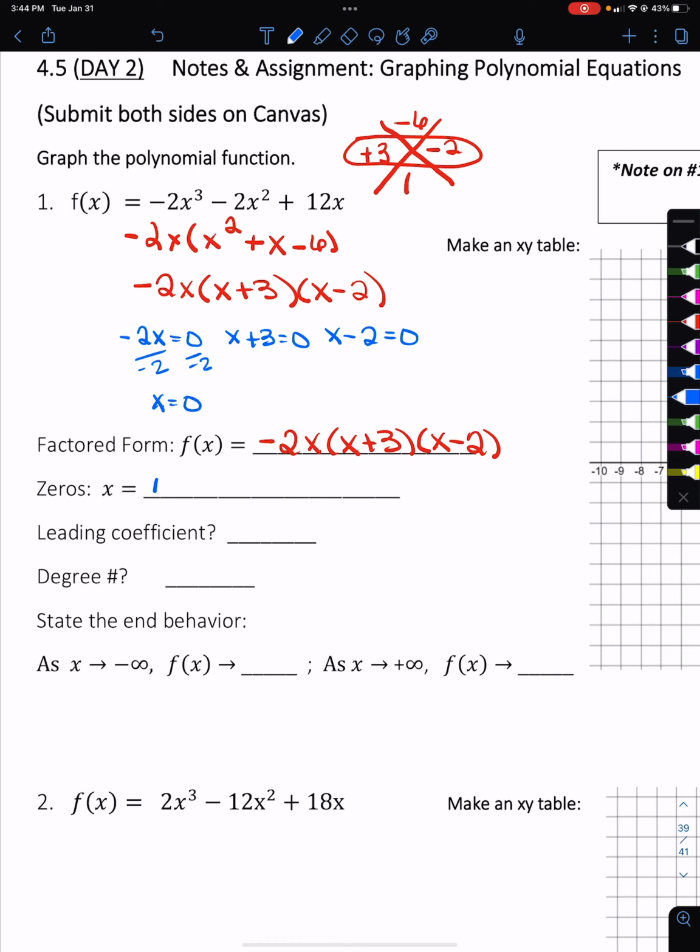So that's my first 0 solution, root, x-intercept, whatever they title it as. The next one, I'm going to subtract 3 from both sides. So I get x equals negative 3. That is my second 0. And the next one, add 2 to both sides, and I get x equals 2.